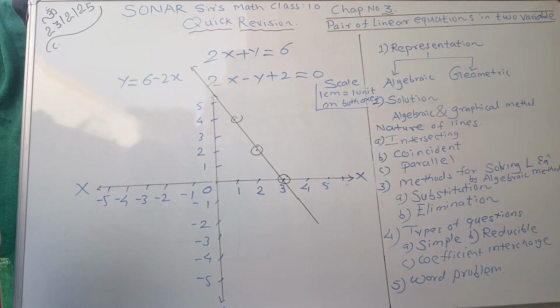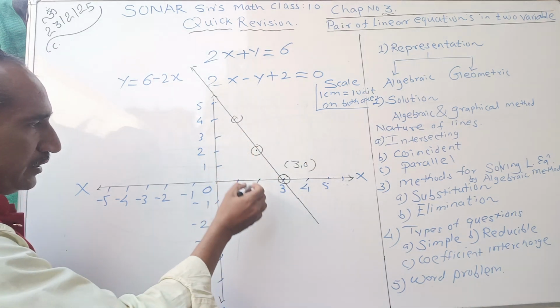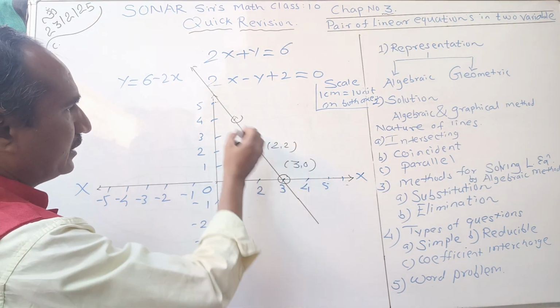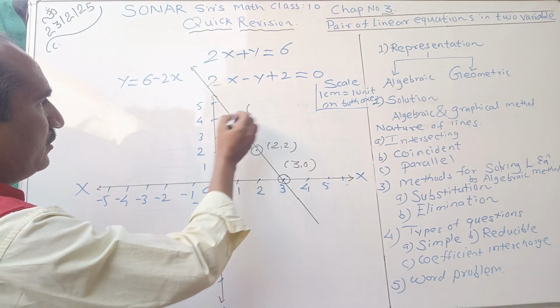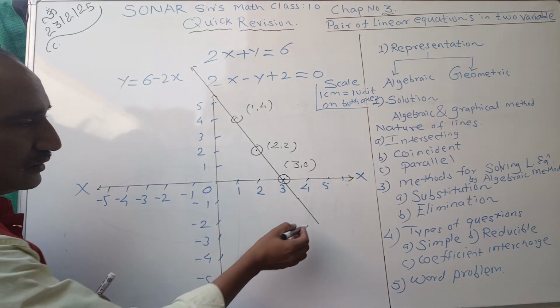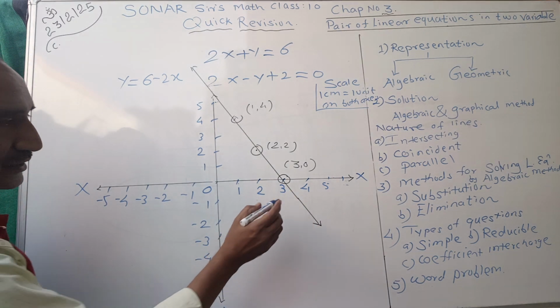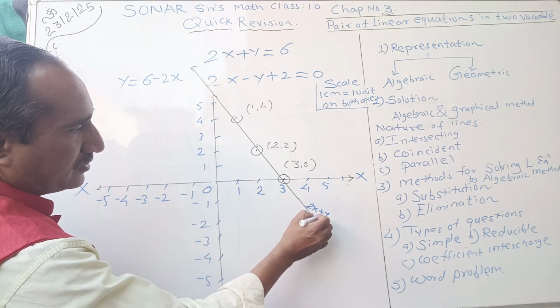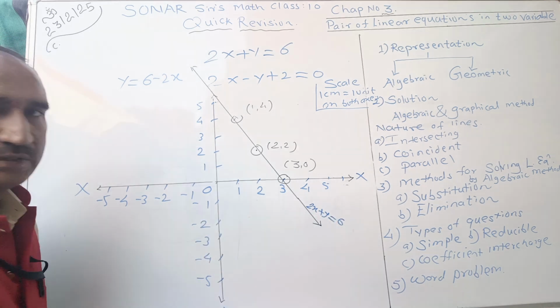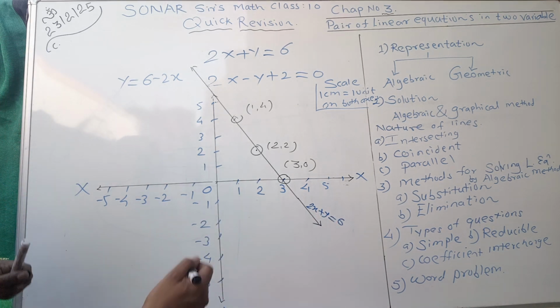We must name the points we have drawn: this point is (3, 0), this point is (2, 2) and this point is (1, 4). We must also mention the equation on this line, that is 2x plus y equal to 6. Now we'll go for the second equation.